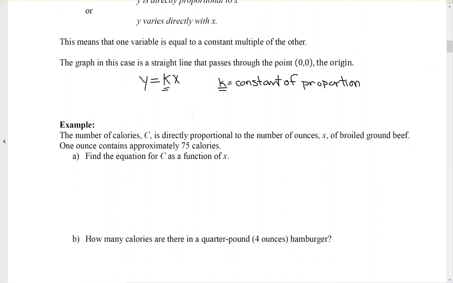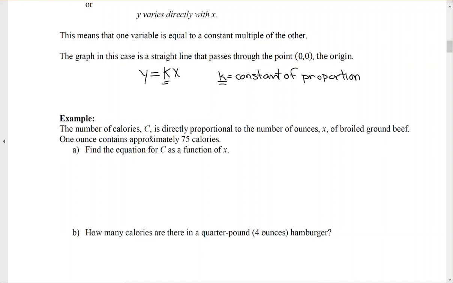In these problems, the number of calories C is directly proportional to the number of ounces X. To write the general equation, we start with C is directly proportional, and you can use either m or k, to the number of ounces X of broiled ground beef.